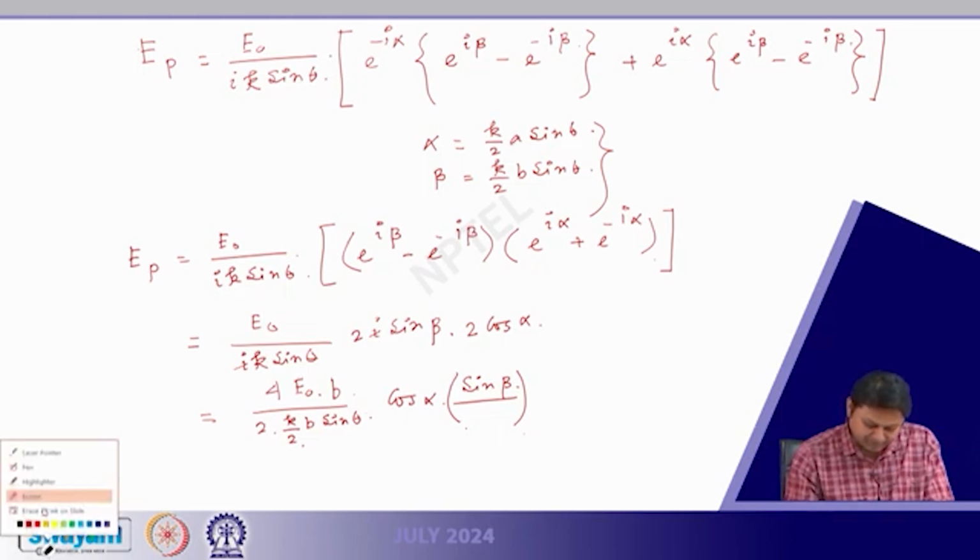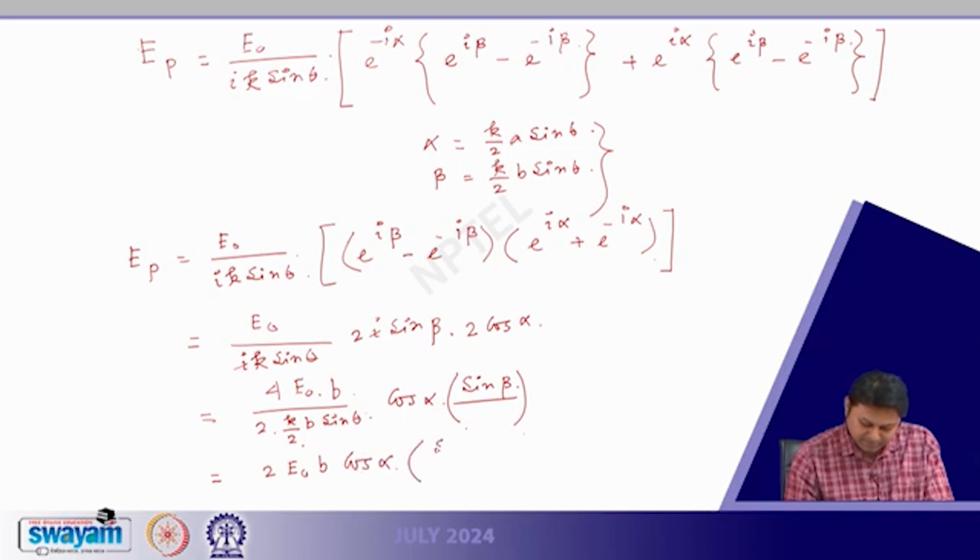So, next line actually, it will be 2 E naught b, then cos alpha, and now I write sin of beta divided by beta, because k by 2 b sin theta is beta, which is already defined here.